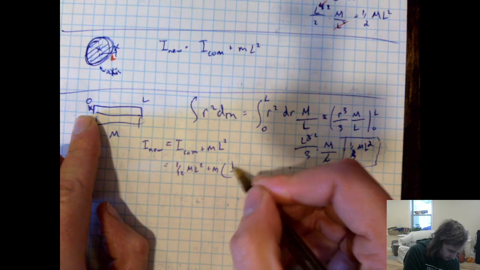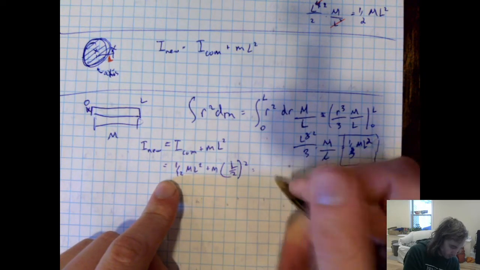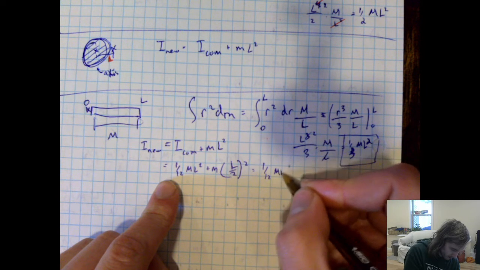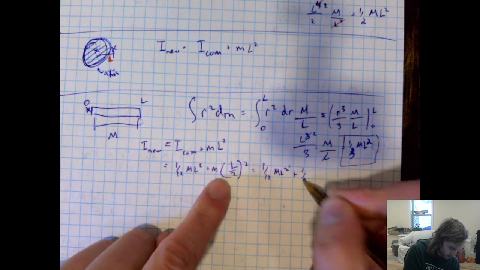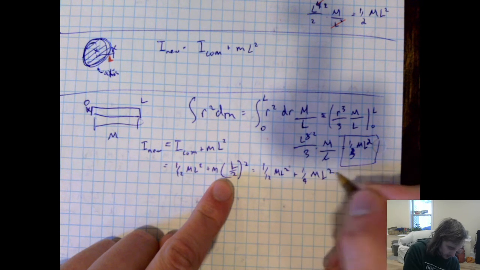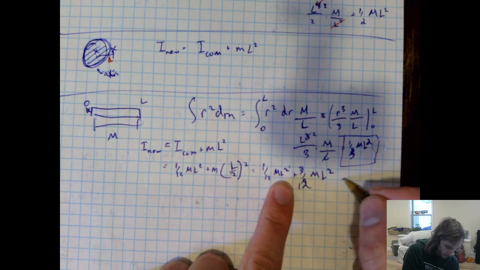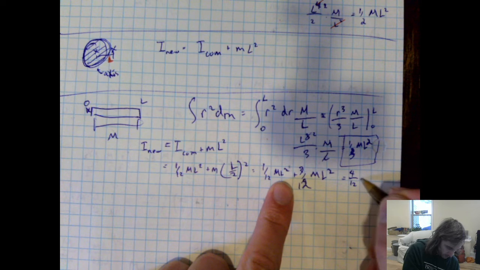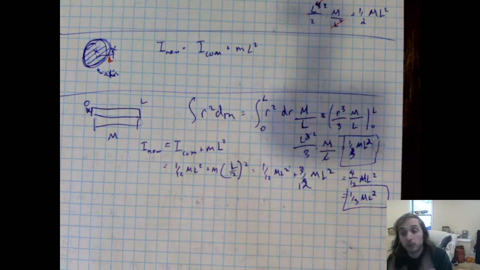So L over 2, and that whole thing needs to be squared. 1/12 plus 1/4 from the 2 squared is equal to 1/12 plus 3/12, which is 4/12, which is 1/3. So if you want to be able to do the same thing without having to do any calculus, there you go. You do need the center of mass one, and you can apply the parallel axis theorem from there.